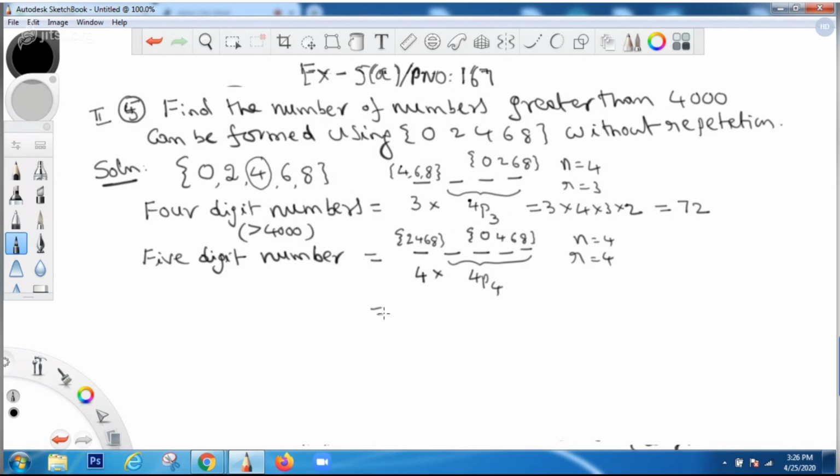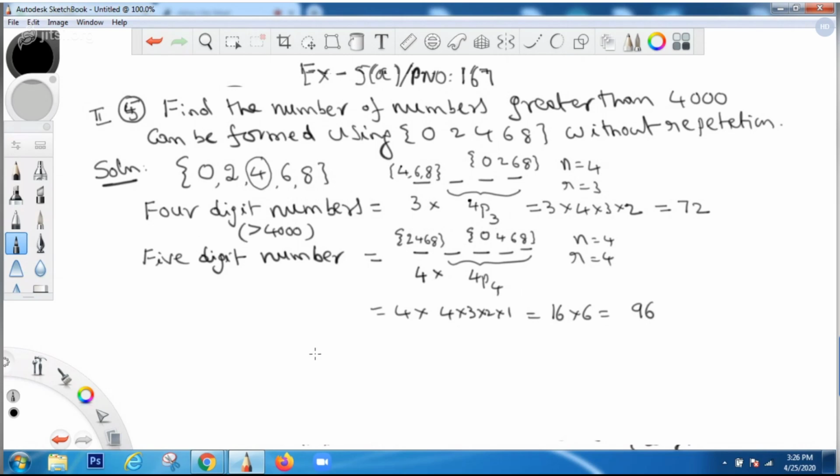Therefore, this is equal to 4 into 3 into 2 into 1. 4 into 3 is 12, 12 into 2 is 24. 4 ways for the first place, so 4 into 24 is 96.